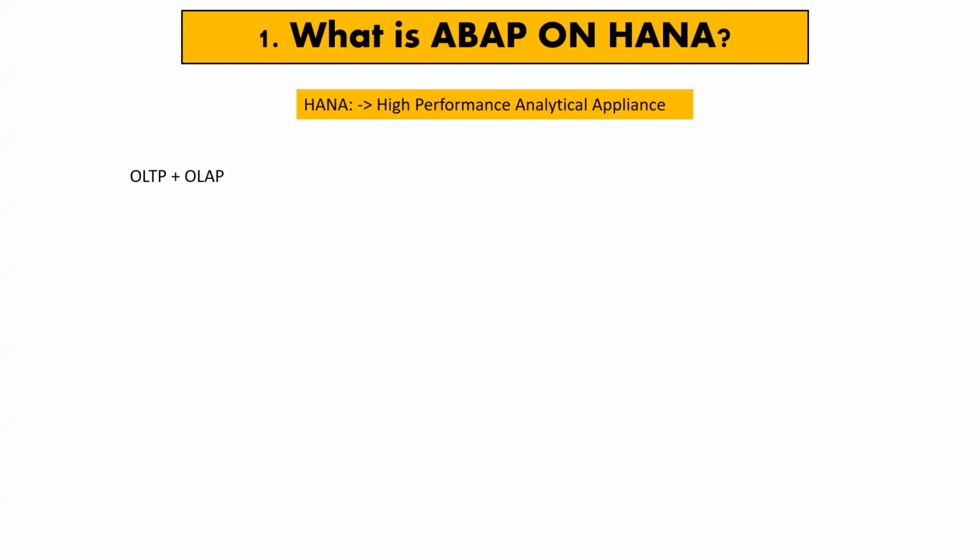Now, HANA supports OLTP and OLAP operations. OLTP means online transactional processing. On the other hand, OLAP means online analytical processing. So OLAP means the BI or BW system.